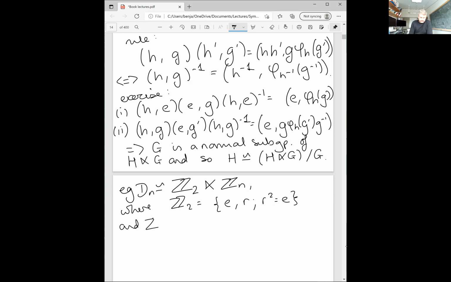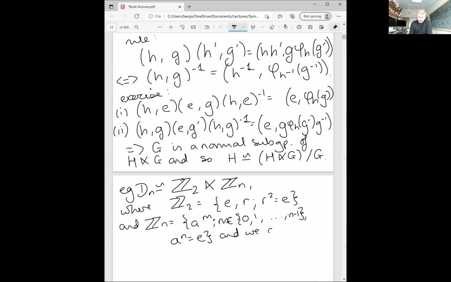And Zn we've seen before is a to the m, where m is in 0 to n minus 1, and a to the n is the identity.